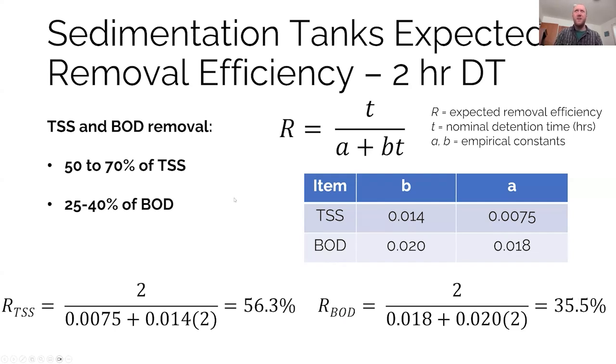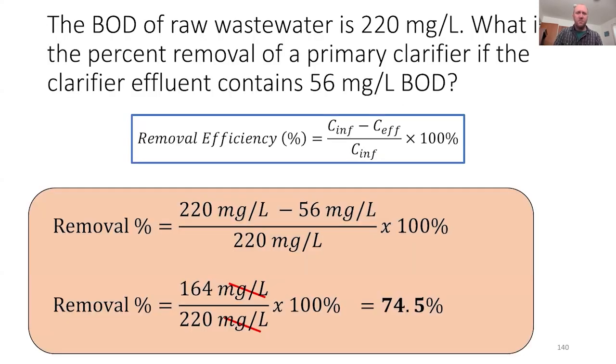So that's what we expect, but you can also calculate these by what's actually happening in your facility. This is a slide that I took directly from our wastewater math video that I did 2 months ago. I went over this more in depth, so you can check out that video to see how we went over these.